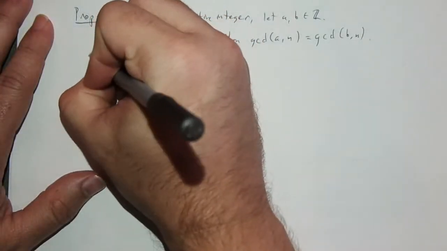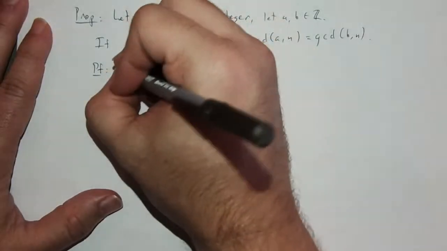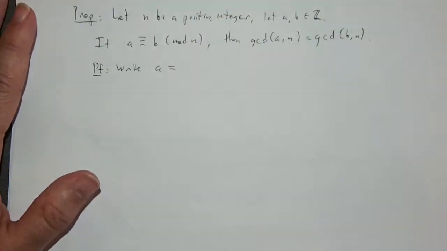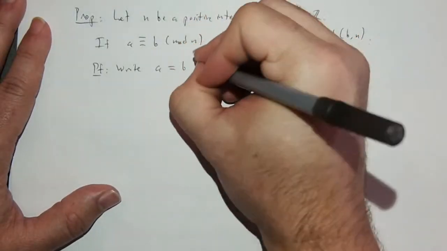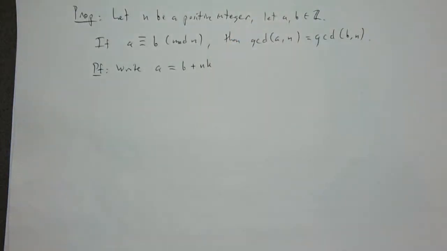So it's interesting to see why this is the case. So write a is equal to b plus some multiple of n. So a is b plus nk for some k.